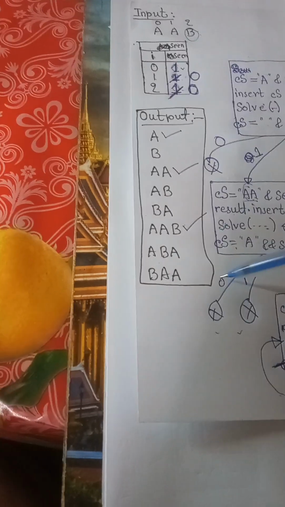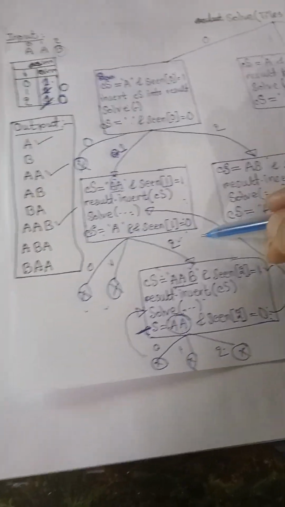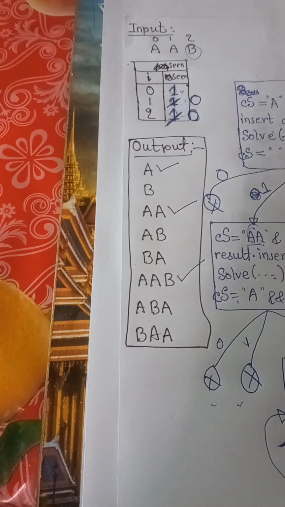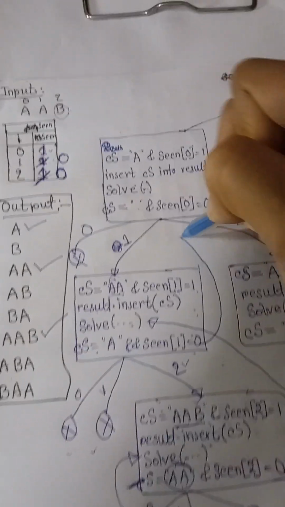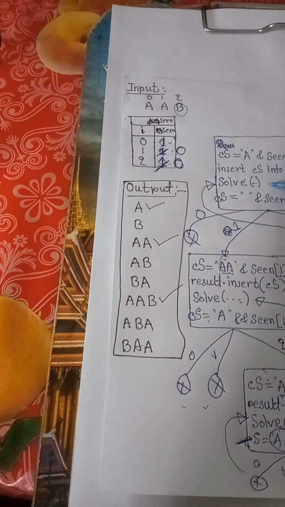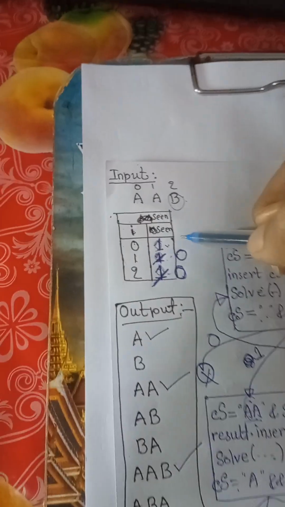Now 0 is executed, 1 is executed, and 2 is also executed. There is no further iteration left, so we will backtrack again from here, and I will go to this point again. So here my current string will be empty, and my seen[0] will be set to 0 here.